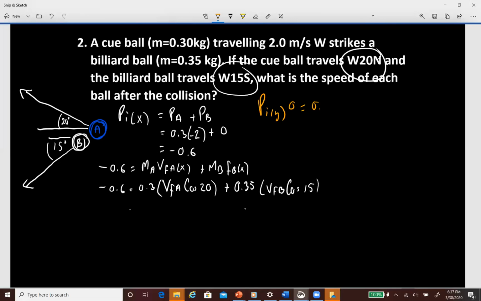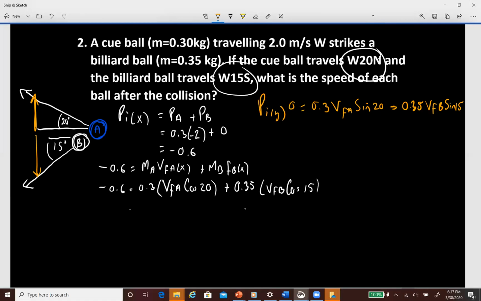It's going to equal the mass 0.3 of ball A times the final velocity of ball A, but the sine of that angle, it's this component, minus the mass of ball B times its velocity in this direction, which is that velocity times sine 15.